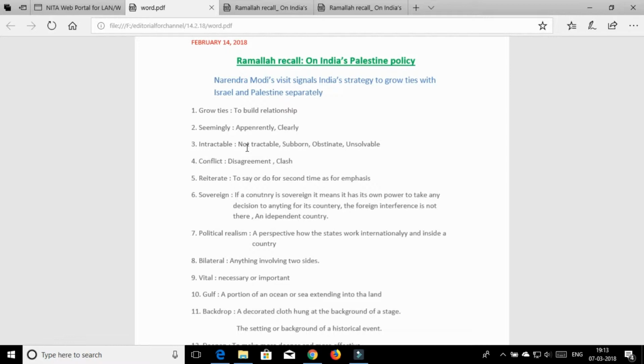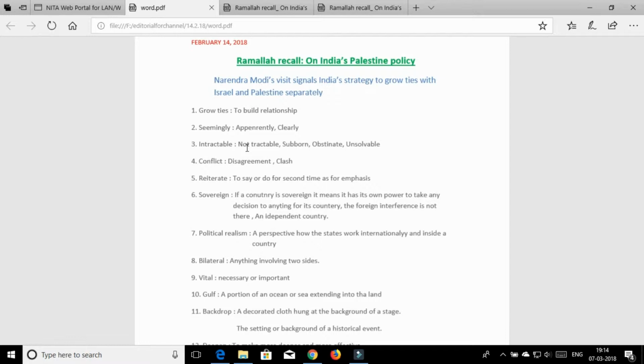Vital means very necessary or important. Next word is Gulf. This is defined as a portion of ocean or sea extending into the land. That's why I think you may be very clear about why some countries are called Gulf countries.